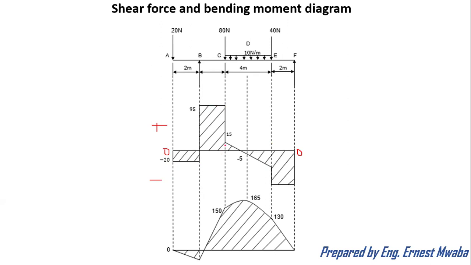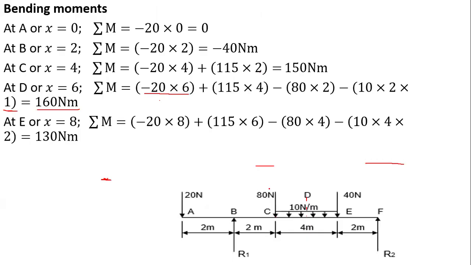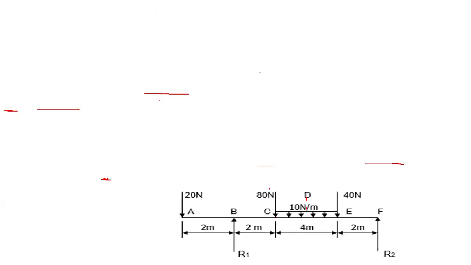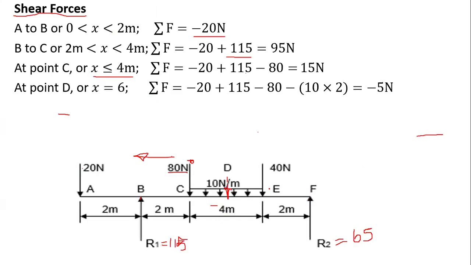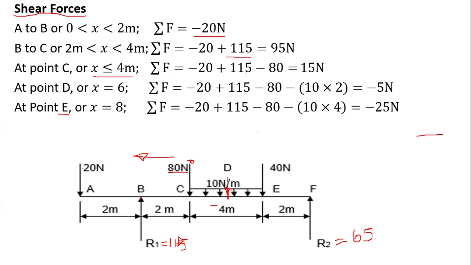At point C, we also had 15. Same thing with point E. Point E, we also had 2 values, 25 as well as 5.